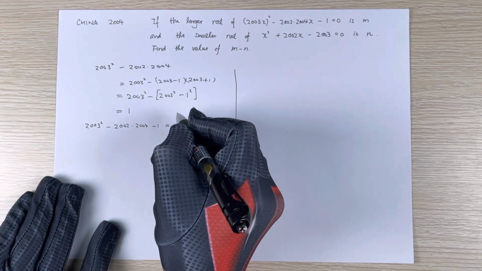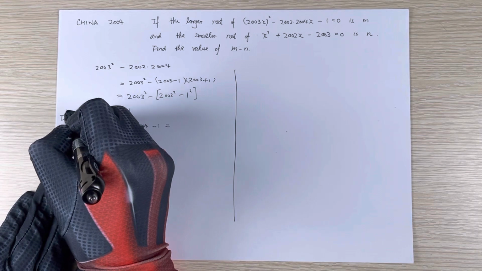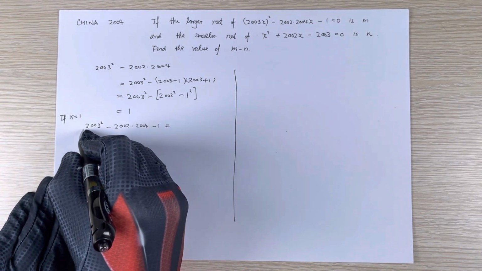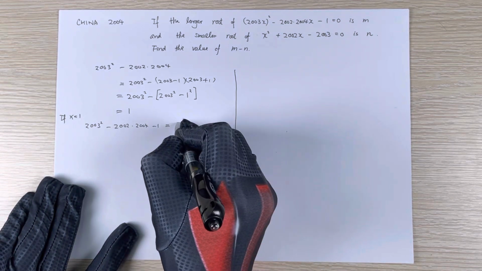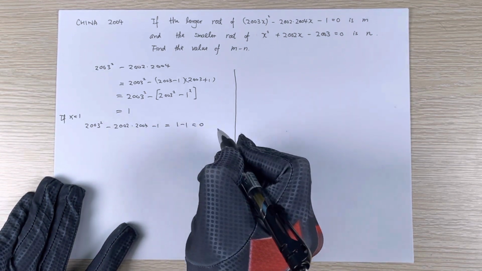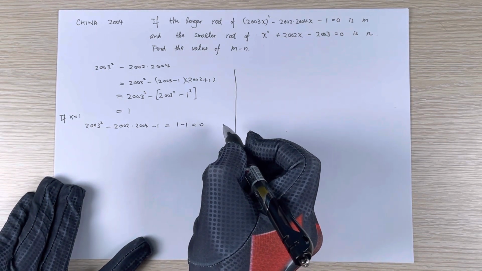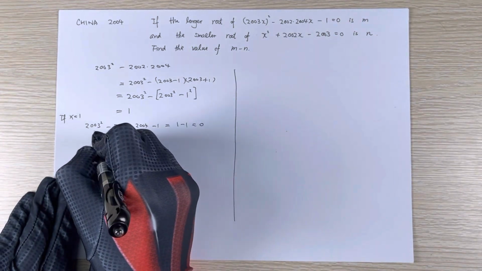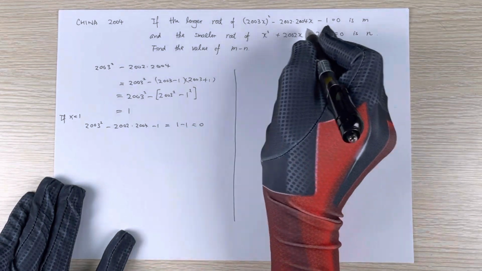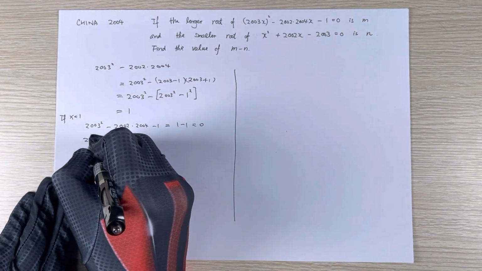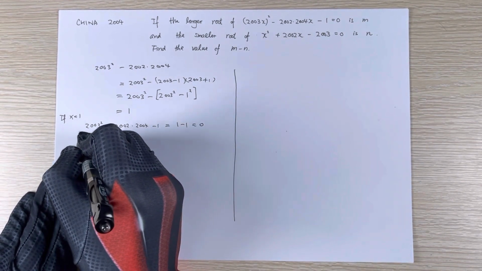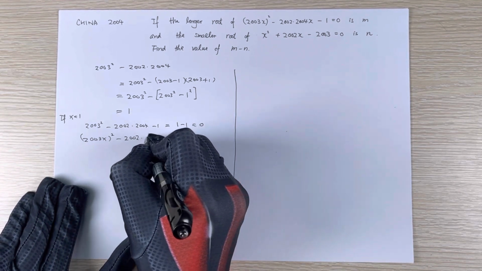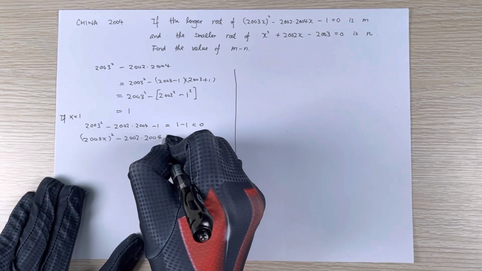The first part of the expression we have calculated to be 1, and 1 minus 1 is 0. In the sense of this quadratic equation, it means that x equals 1 is a root of this equation. So this equation can be rewritten as two factors.